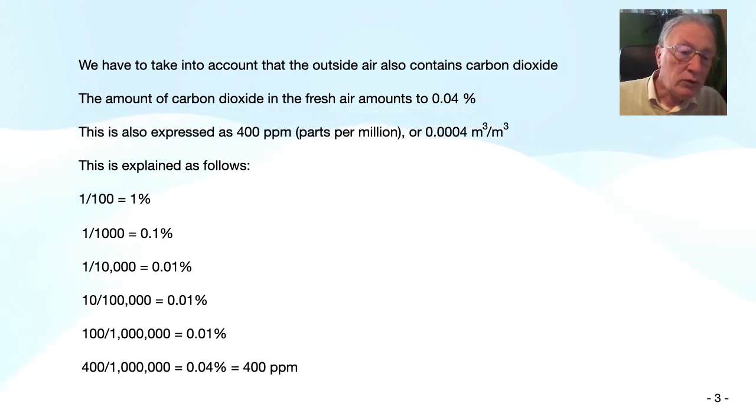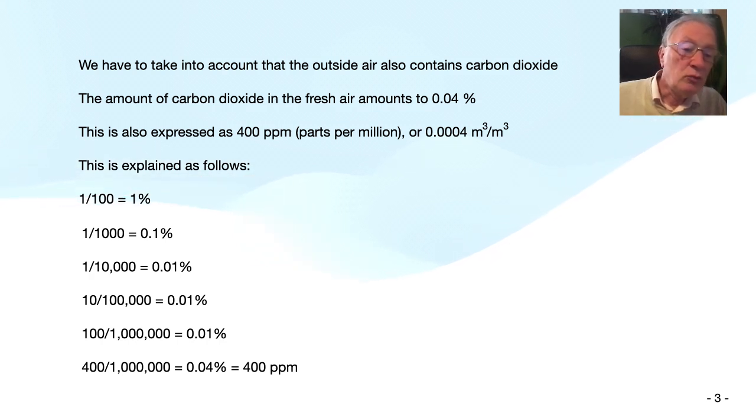Now we will show how we go from a percentage to ppm. 1% is 1 cubic meter of CO2 in 100 cubic meter of fresh air, and that's expressed as 1%.